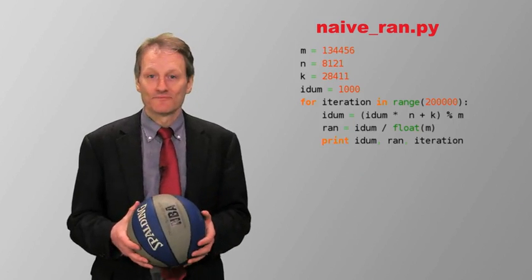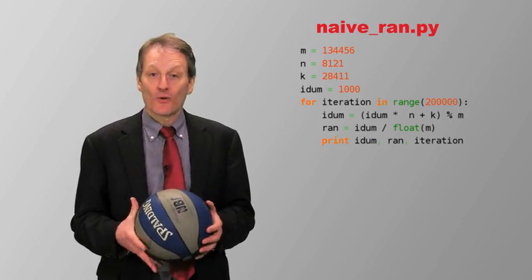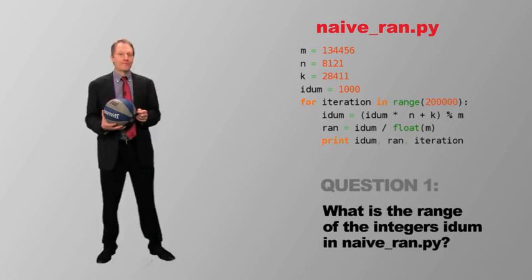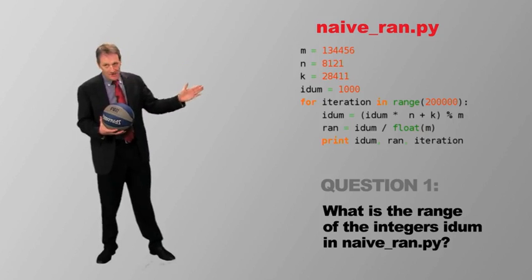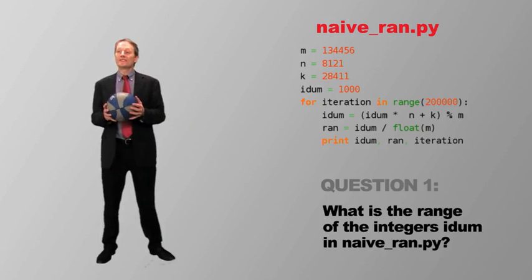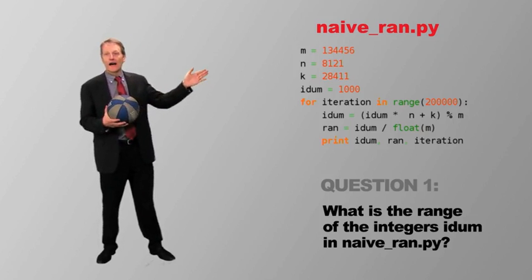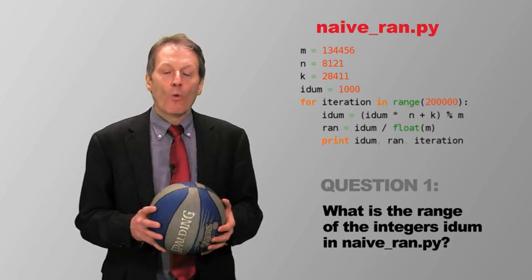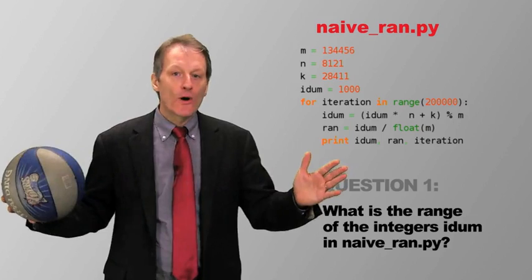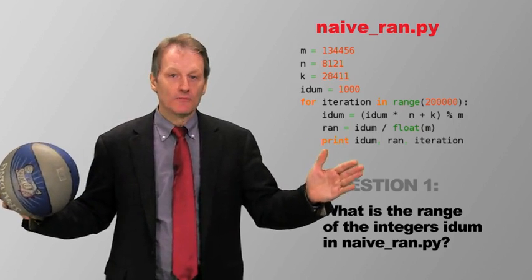You may have to run the program in order to find them. So, question 1. The program naive_ran.py generates a sequence of integers idem and of floats idem divided by float of m. What is the range of the integers idem?